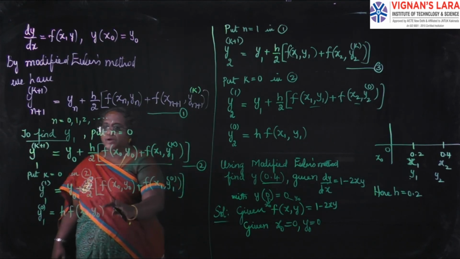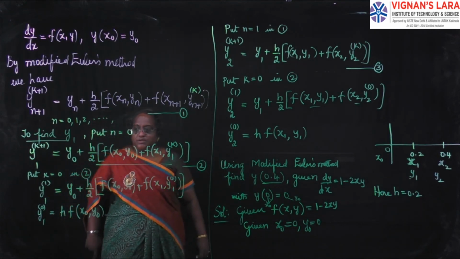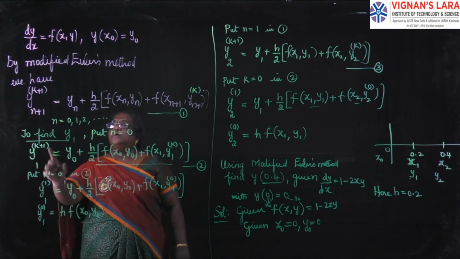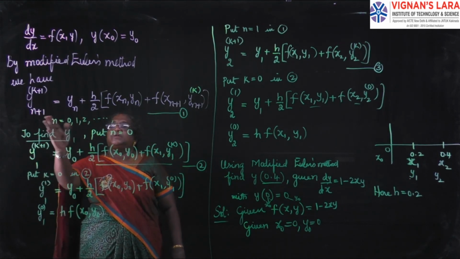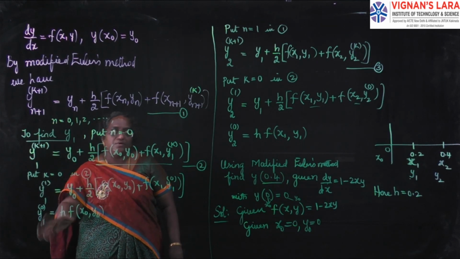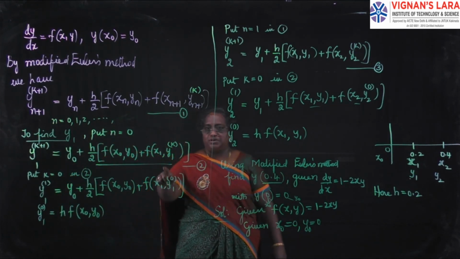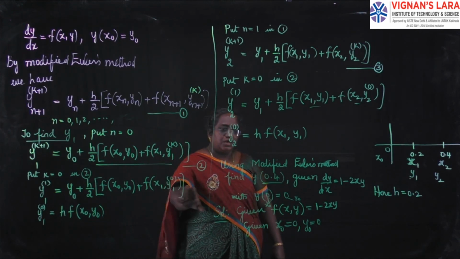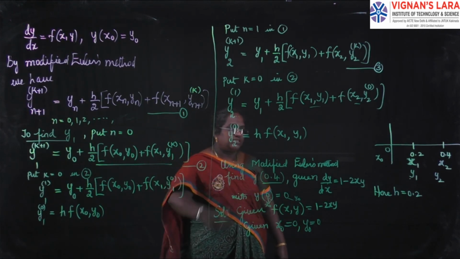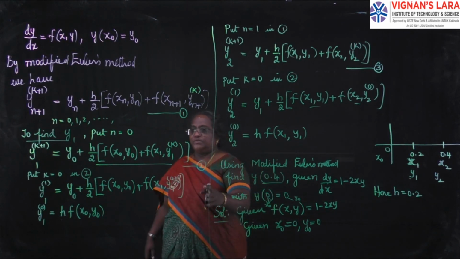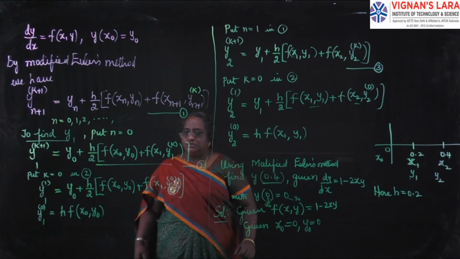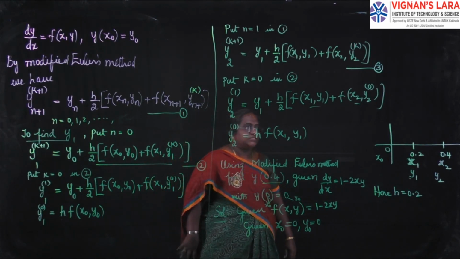We will write by modified Euler's method all these formulae. Now we shall perform iterations. Just see the problem, we will do the solution. We will start performing iterations for y1.